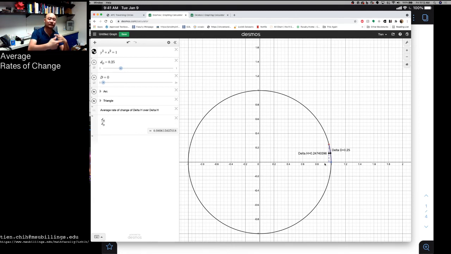So the rate of change on the height is itself a periodic function, just like the height is. And that's something that we'll want to take note of later on in our math careers as we explore these things further. That's something to keep in mind.